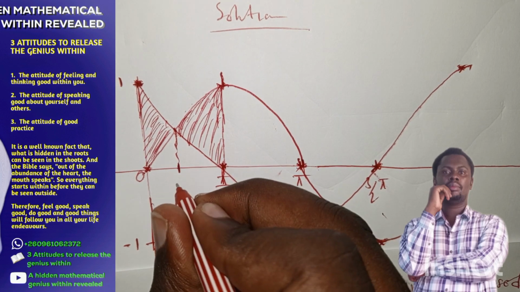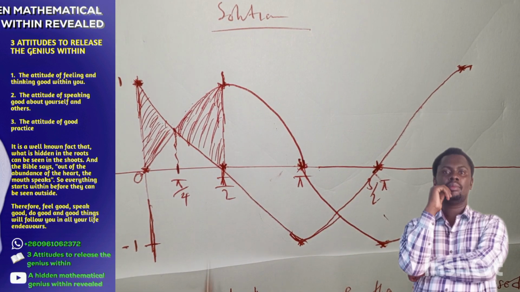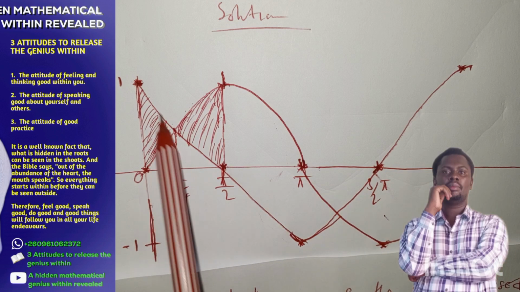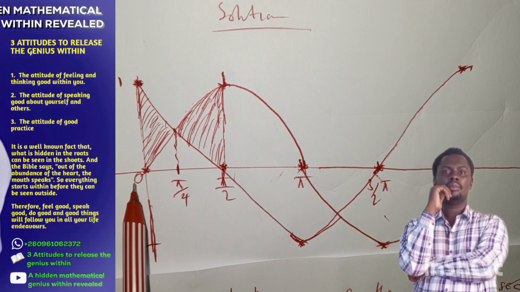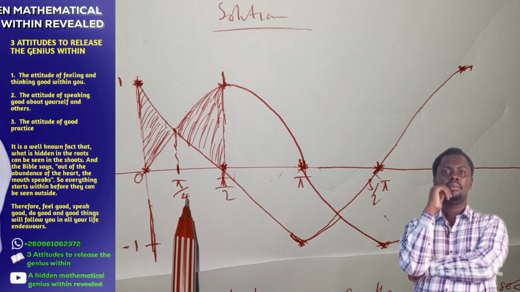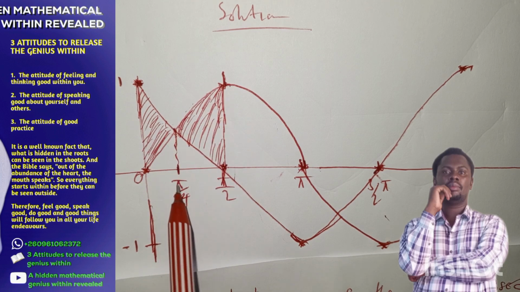So this angle here is pi over 4. Now we have our two shapes. The first one is going to have our limits from 0 to pi over 4, and the second one is going to have our limits from pi over 4 to pi over 2.